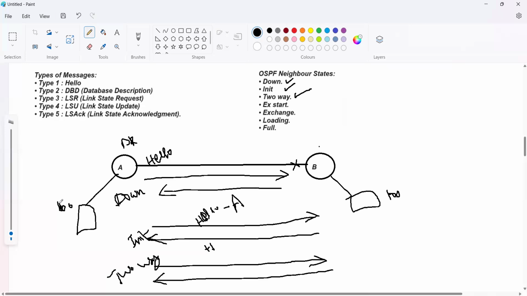If this router has 1.1.1.1 and the other router has 2.2.2.2, these are the router IDs. They send the router IDs entirely in the two-way state, so one will be elected as the DR and the other as the BDR. So in the two-way state, this will happen. Once they have sent the router IDs, it moves to the exstart state. In the exstart state, whichever router has the best router ID will be elected as the DR.